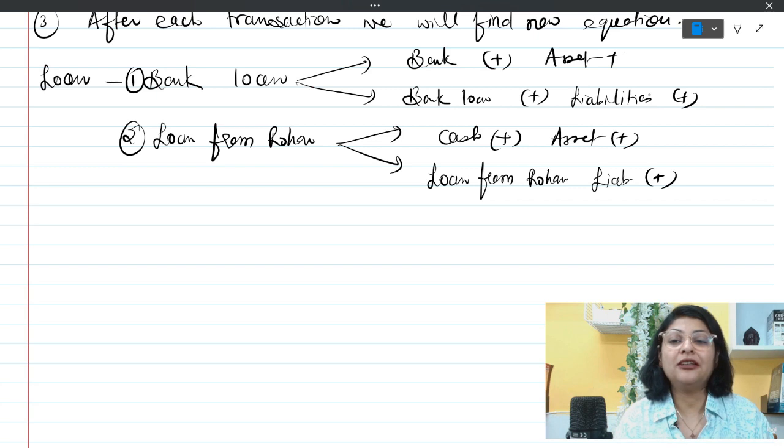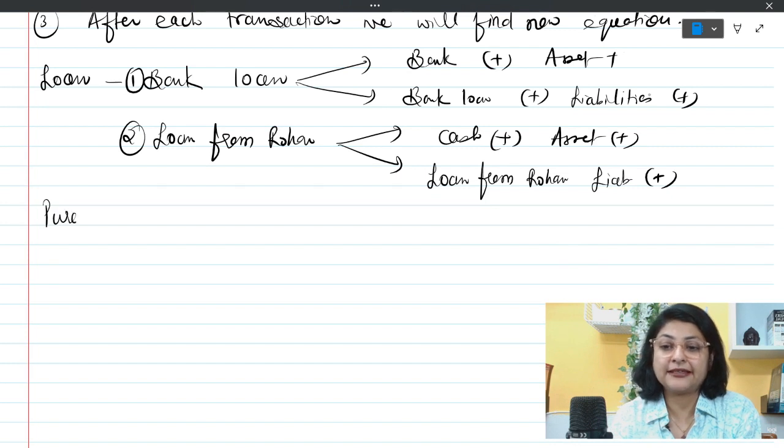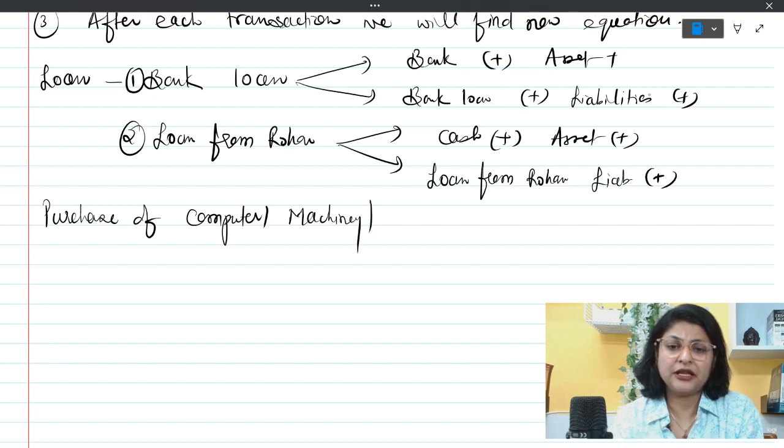Fine. Now let us understand one more transaction, which is purchase of any asset. It can be a fixed asset, purchase of, let's say, computer or machinery, or it can be a building or any other fixed asset.